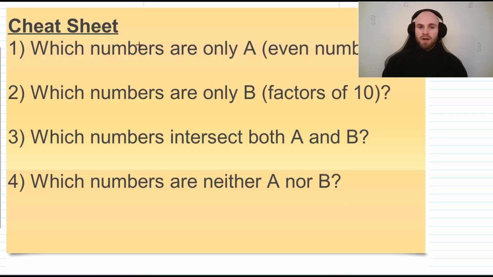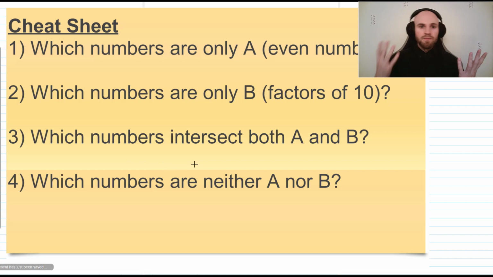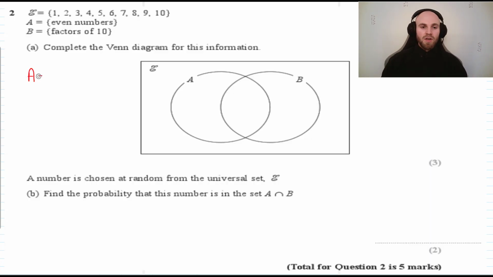So on the cheat sheet, we're going to ask which numbers are only even numbers for A, which numbers are only factors of 10 for B, which numbers intersect both A and B, and which numbers are neither A nor B. So for the even numbers, for A, we are going to have 2, 4, 6, 8, and 10.